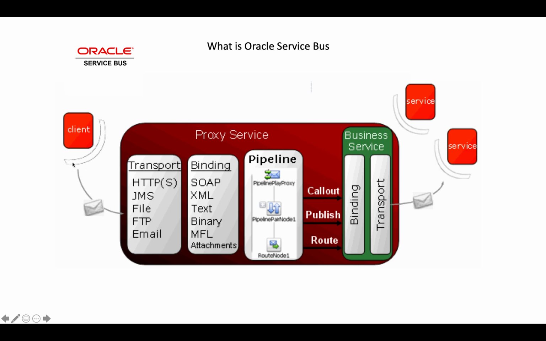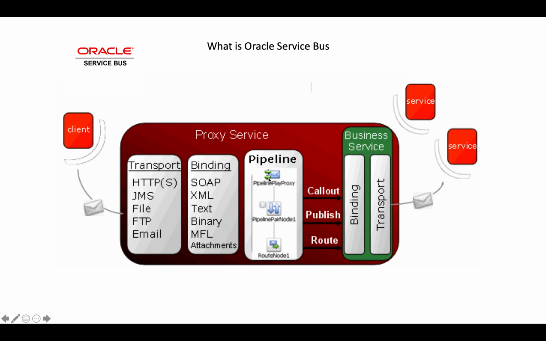For example, your client sends a message, but this message maybe is a file, maybe is FTP, maybe is HTTP or email. So inside here, they're going to bind this protocol received inside this pipeline.